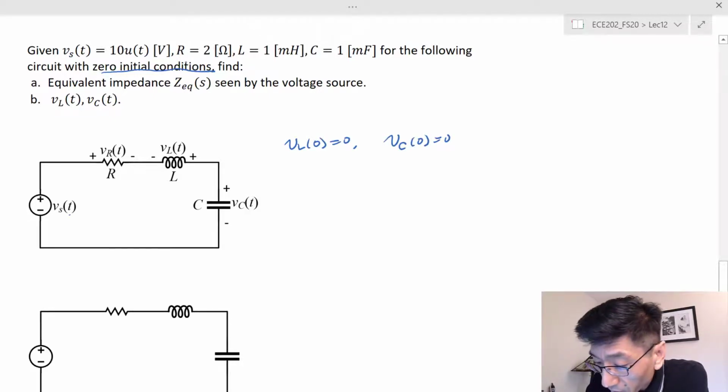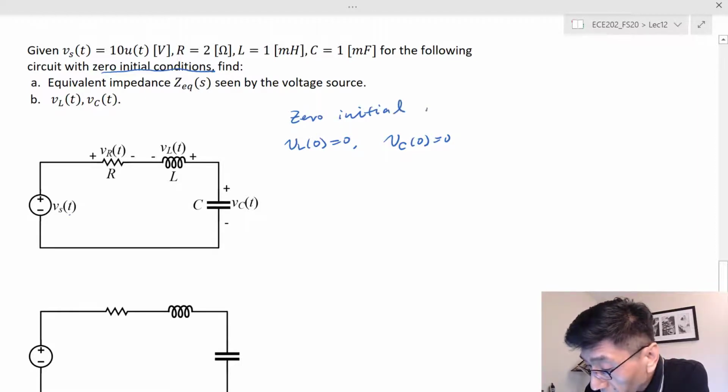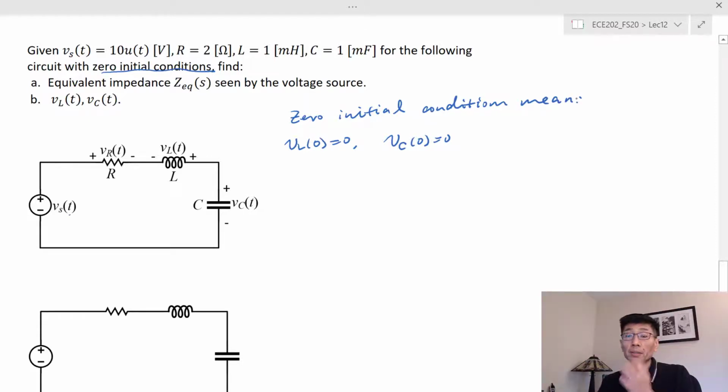So this is what zero initial conditions mean: for all the capacitors and inductors, they have 0 voltage and 0 current at t equal to 0.